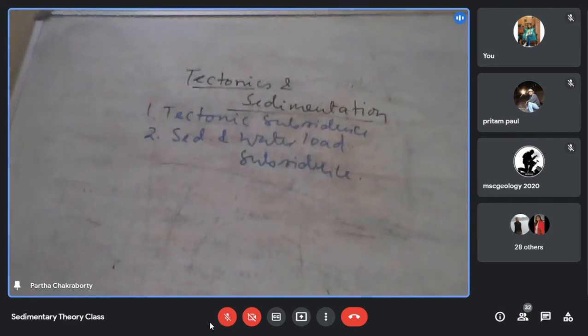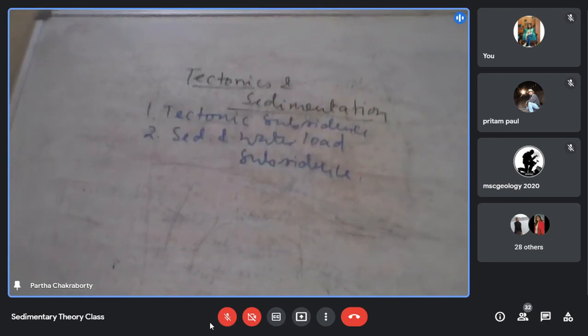How the temperature and pressure regime in the basin has changed over time. How the different kinds of organic matter got cooked at different temperatures at what time. And if the organic matter is cooked, has it generated hydrocarbon? If it generated hydrocarbon, what is its migration path, primary and secondary?